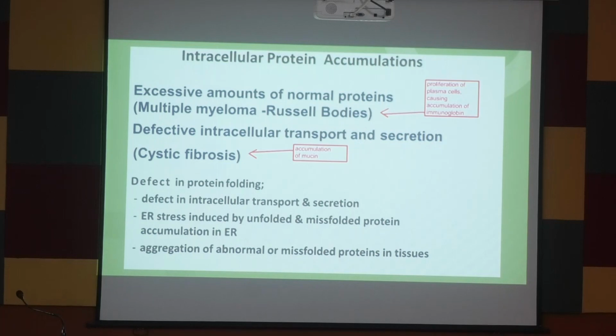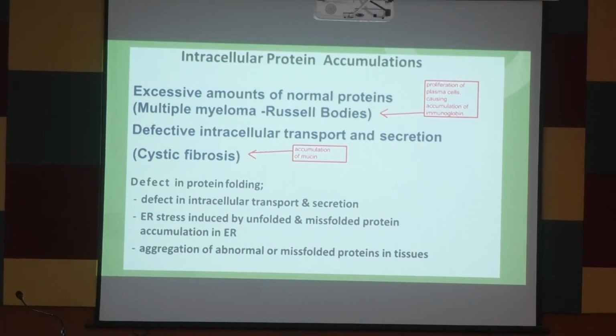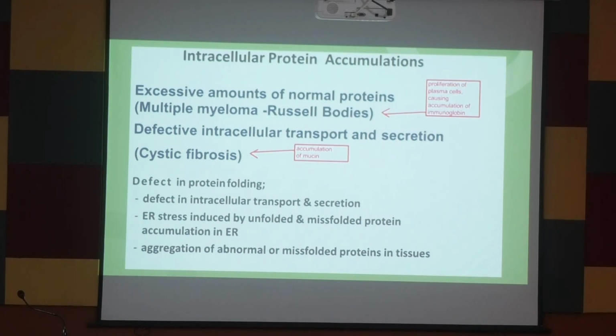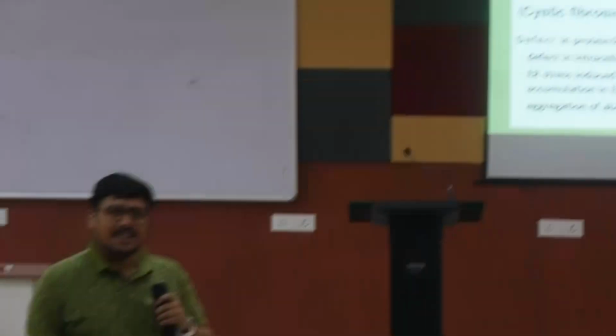Okay, now coming to intracellular protein accumulation. I told you that intracellular protein accumulation may be the result of excessive amounts of normal proteins and defective intracellular transport and secretion of proteins. So excessive amounts of normal proteins are mainly seen in multiple myeloma as Russell bodies.